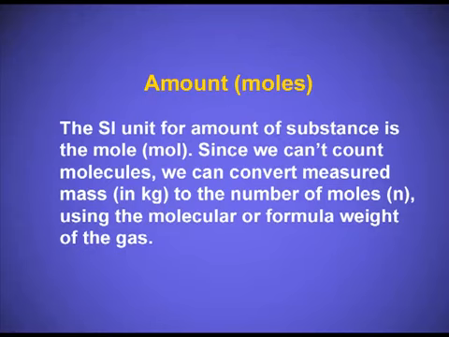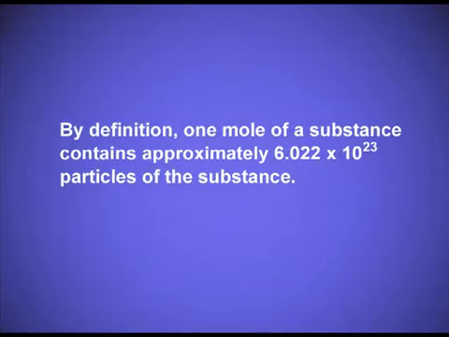The SI unit for amount of substance is the mole. Since we cannot count the molecules, we can convert measured mass in kg to the number of moles, n, using the molecular or formula weight of the gas. By definition, 1 mole of a substance contains approximately 6.022 × 10^23 particles of the substance.